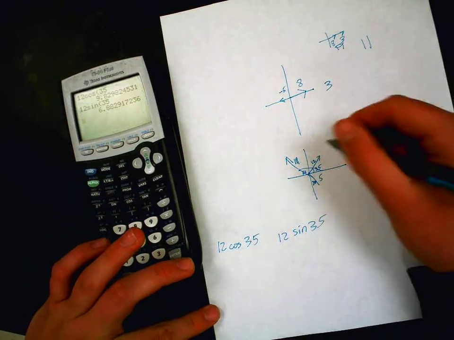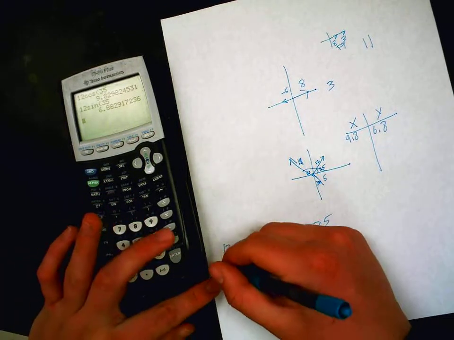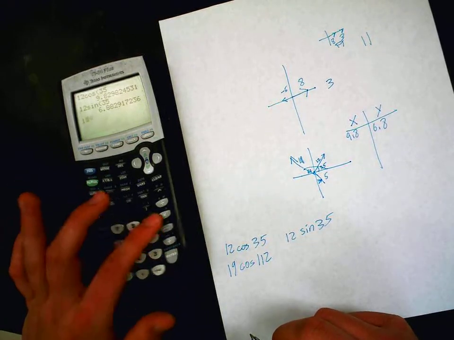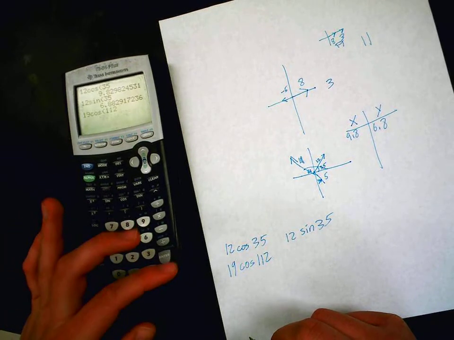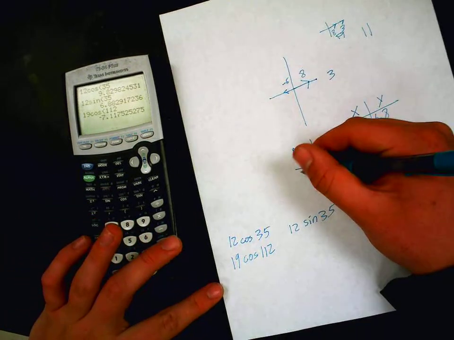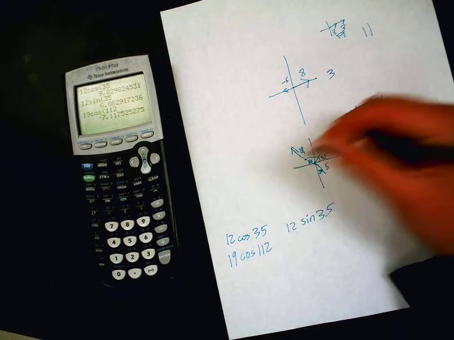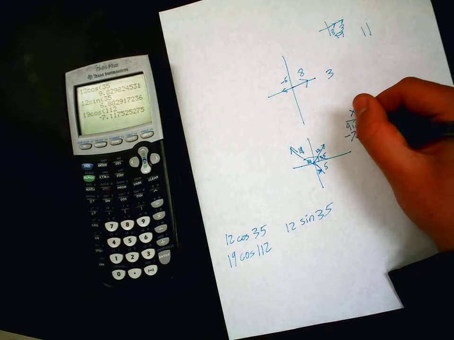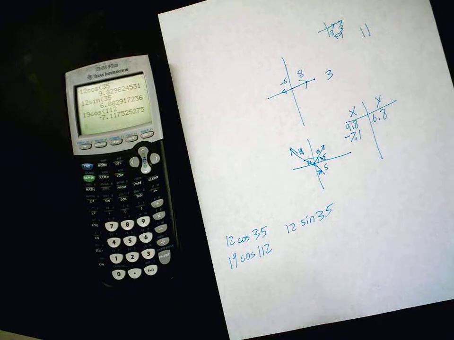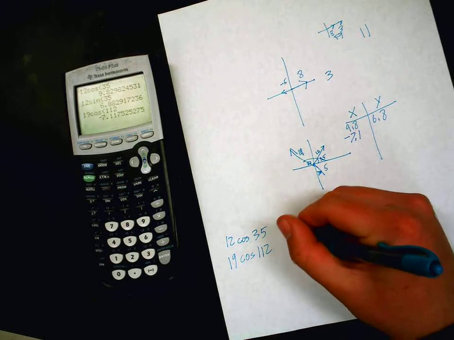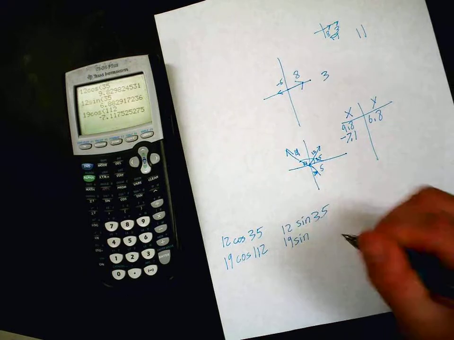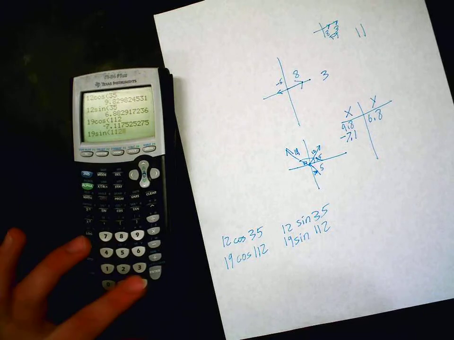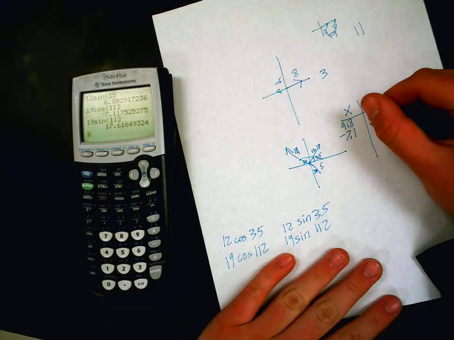Okay, next one, 19 cosine 112. Look, it's negative. You're in that quadrant. I was really worried it wouldn't be negative, because that'd be embarrassing. All right, 19 sine 112. This should be positive. We're hoping for the best. Oh, doing good.